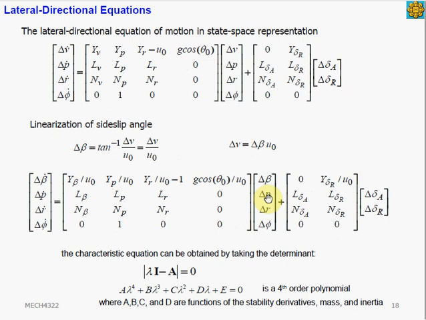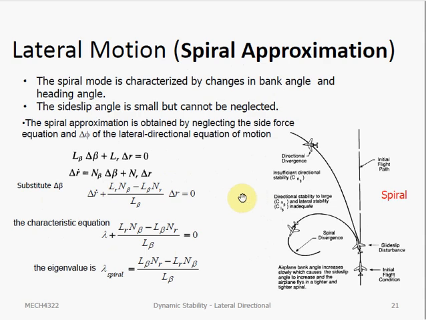So we drop delta P and we drop delta phi. We also drop the side force equations, so that all the Y stability derivatives are dropped. So now we are down to just these two equations to approximate the spiral mode.